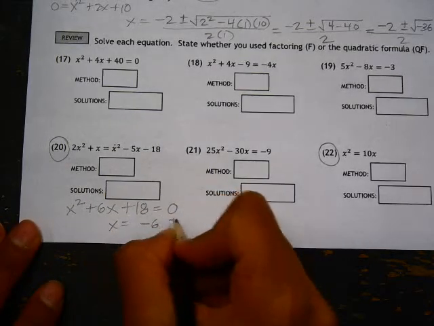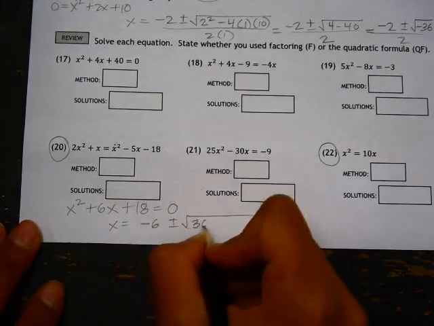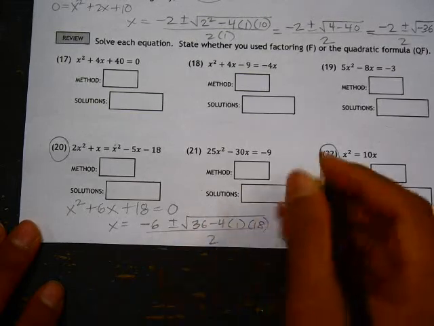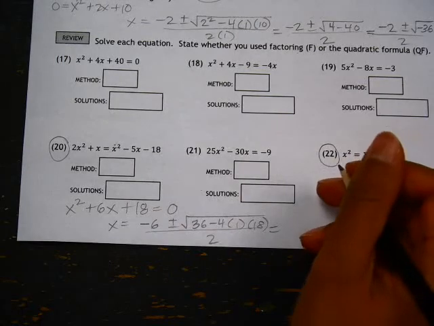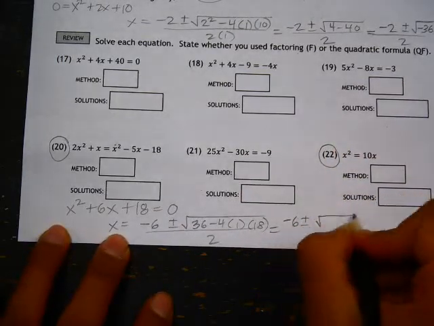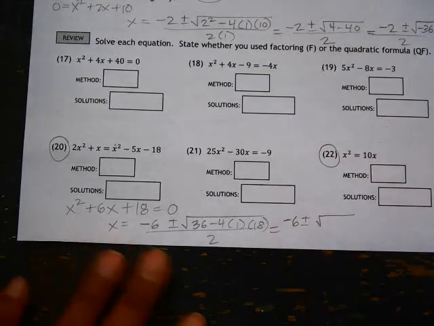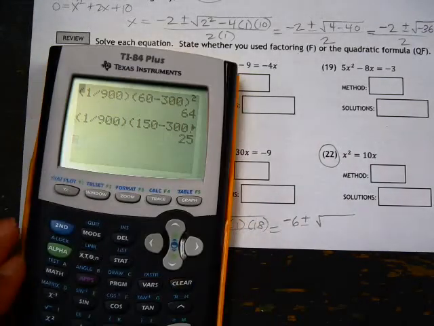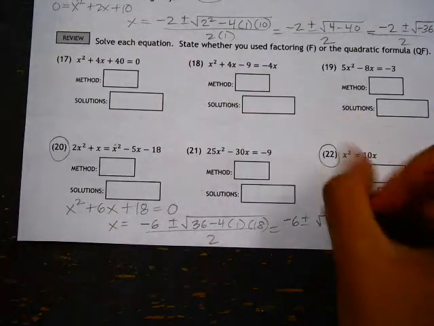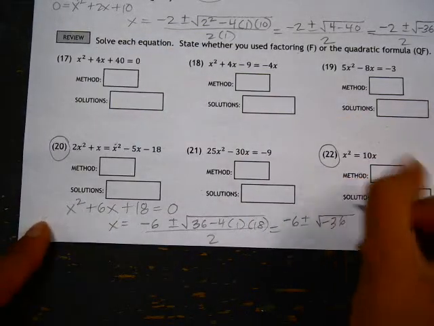So negative b plus or minus square root of b squared minus 4ac over 2a. So this is negative 6 plus or minus the square root of 36 minus 4 times 18 equals negative 36. So we end up with something similar to the last question.